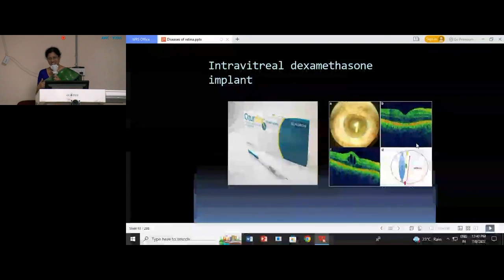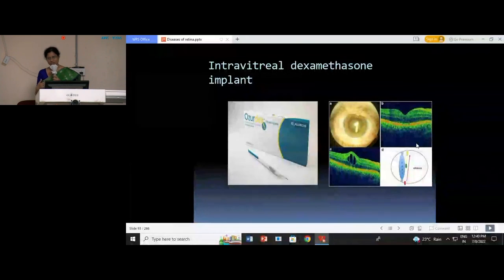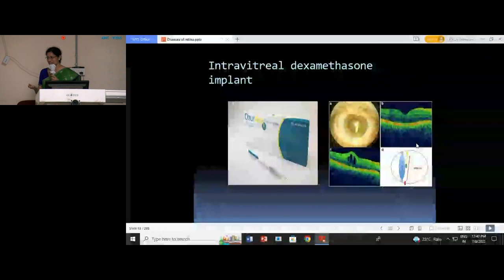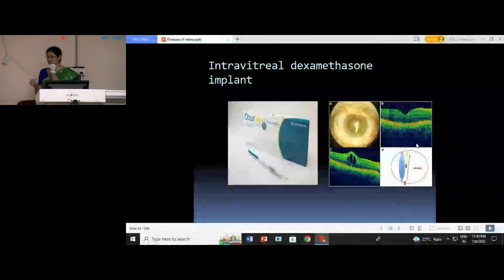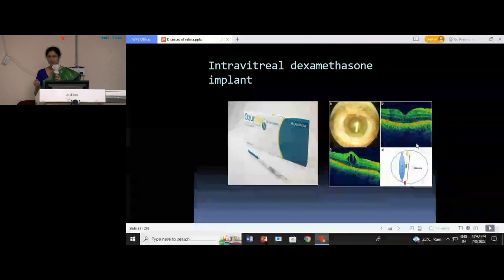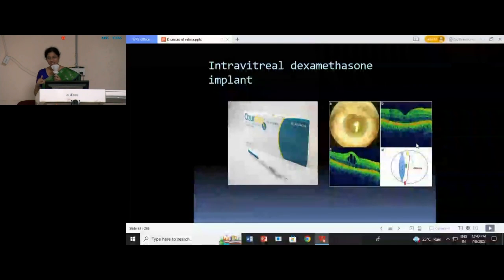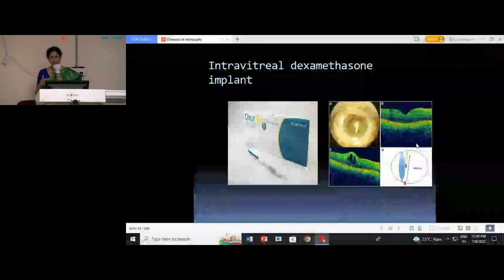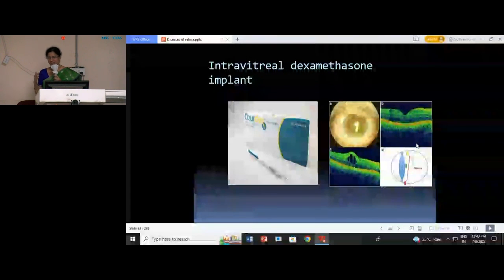For diabetic macular edema, whether it is center involved or non-center involved: if it is non-center involving edema, we need to do focal or grid photocoagulation. If it is center involved macular edema, definitely intravitreal anti-VEGF drugs or intravitreal steroids.